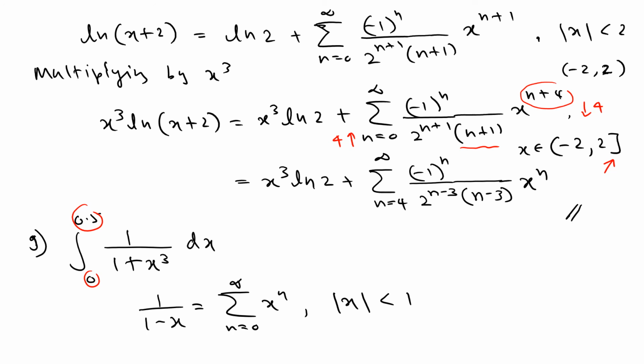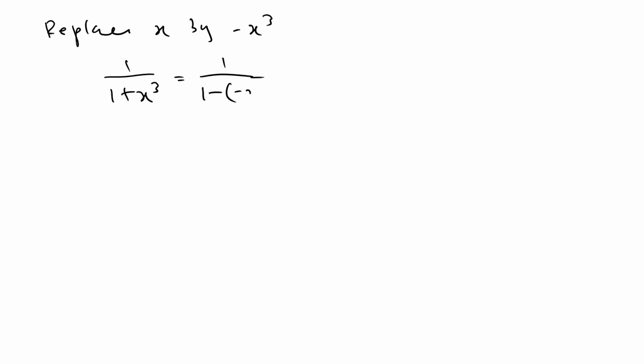Now what we can do is replace x by negative x cubed. So we have 1 over 1 plus x cubed, which is 1 over 1 minus negative x cubed. So if you write this in series notation, going from 0 to infinity, negative x cubed to the n.